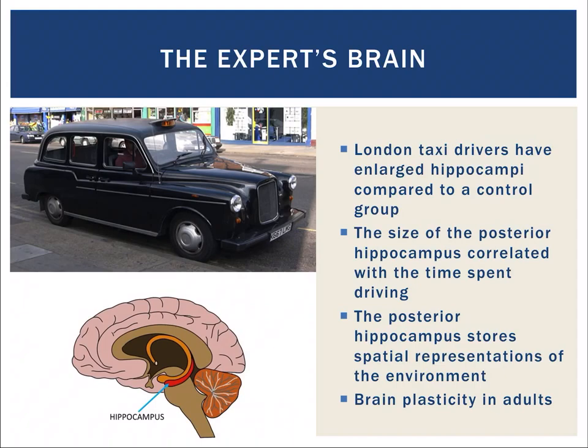And they saw that the posterior hippocampus was enlarged in expert taxi drivers. The posterior hippocampus is really important for things like spatial memory. So what that demonstrates to us is that structural brain changes can be achieved in some high-level experts.